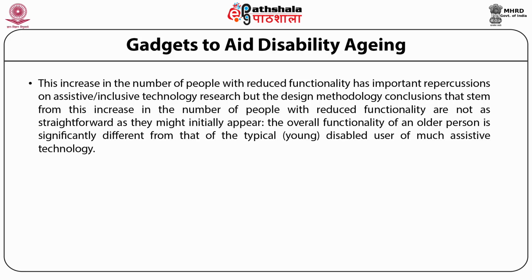The overall functionality of an older person is significantly different from that of the typical disabled user of much assistive technology. Instead of having a single disability, for example sight, hearing, speech, mobility, etc., older people usually have a more general impairment of several functions, including minor impairments in sight, hearing, dexterity, and memory.